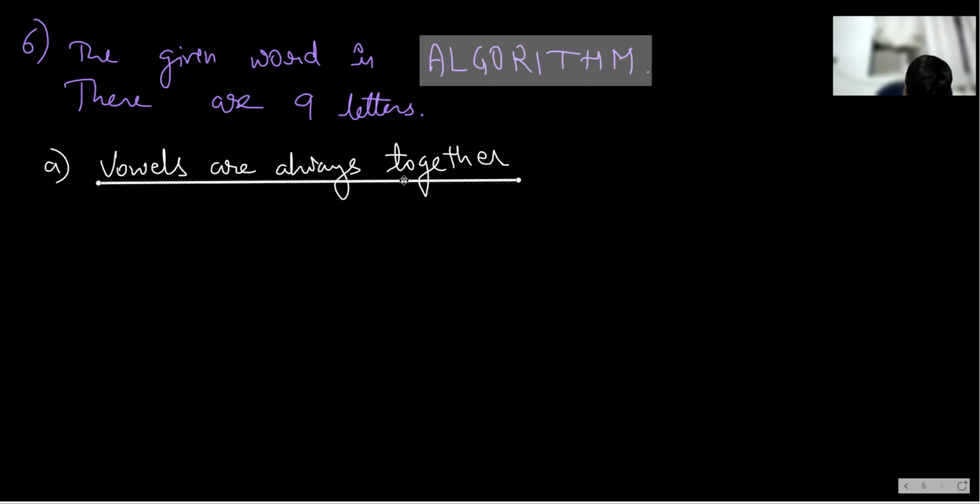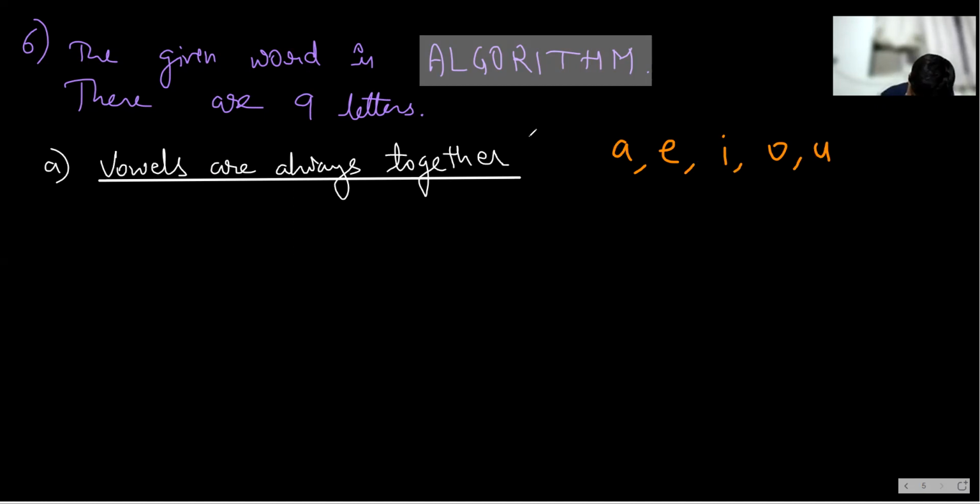I hope you all understand what vowels are in English. In the English alphabet, we have 5 vowels, that is A, E, I, O, U. The rest are consonants. Now here, what are the vowels that we have?